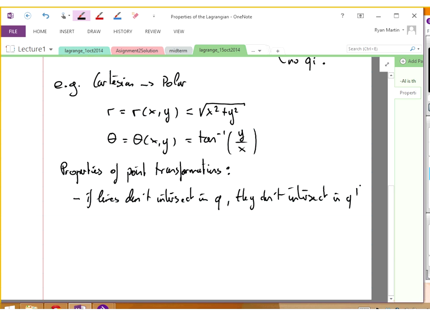So it preserves the properties of lines. That if they don't intersect in one space, they won't intersect in the other space. And that's very simple to understand.